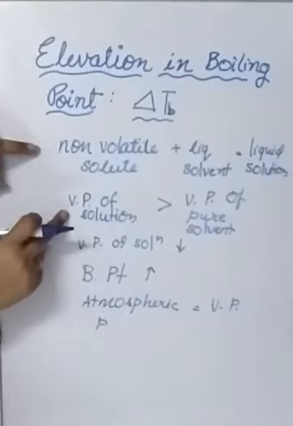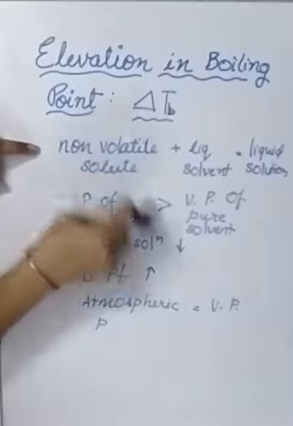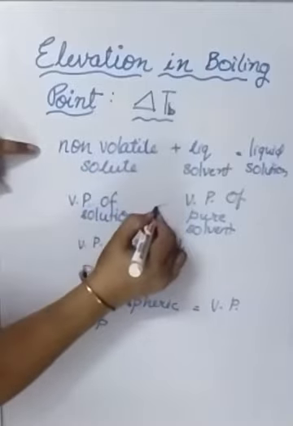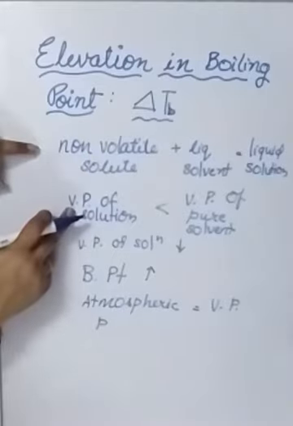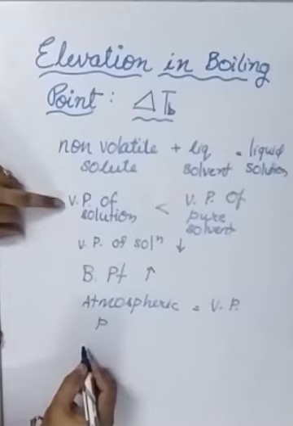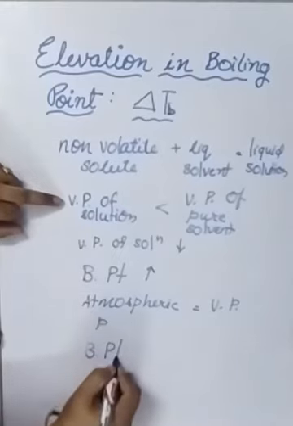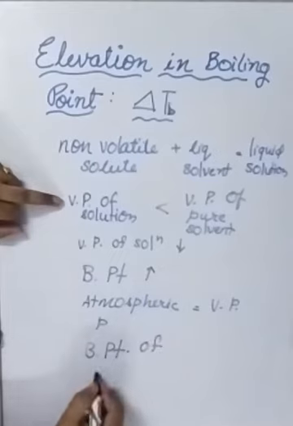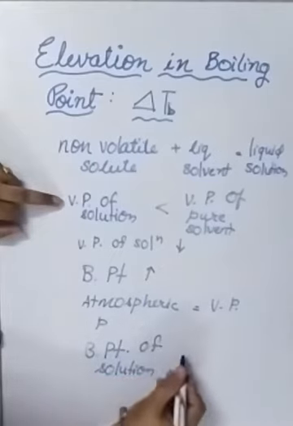This means if vapor pressure of solution is less than the vapor pressure of pure solvent, more temperature is required, more heat is required to achieve the boiling point. So we'll find that boiling point of solution increases.